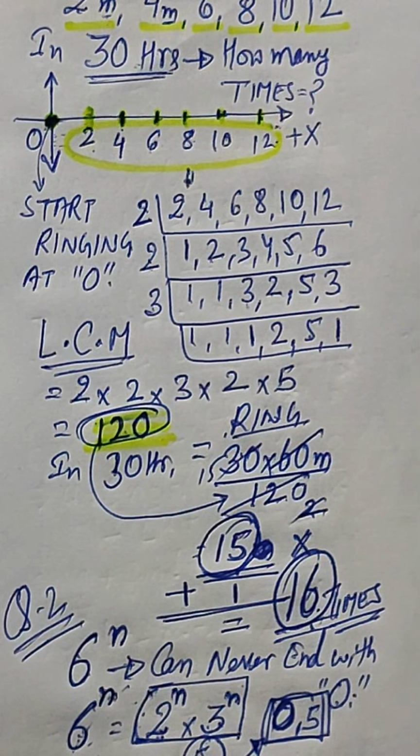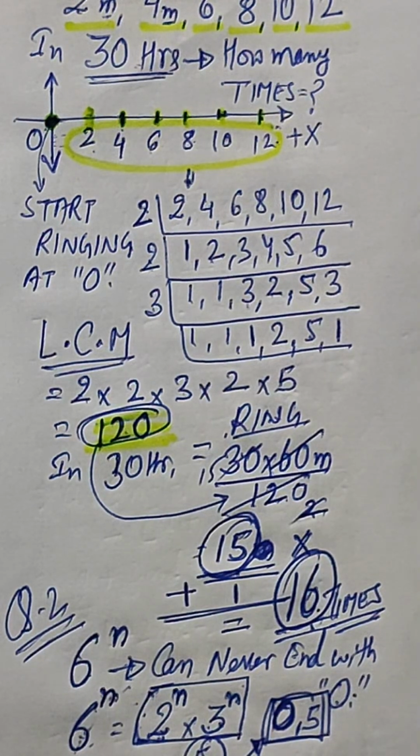So we are showing that 6 power n can never end with 0 for any natural number n, right?